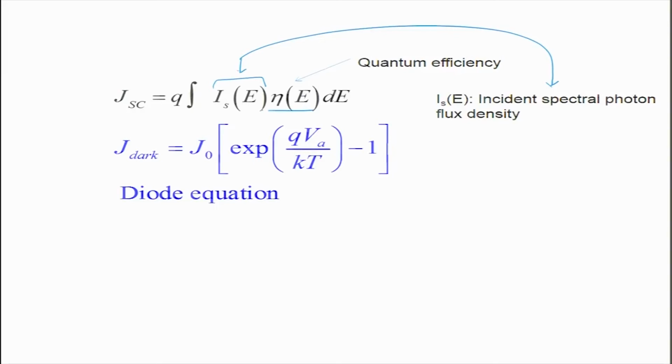Quantum efficiency will come from your current expressions. If your quantum efficiency is 1, then all the photons that you are able to capture will be converted to current. However, quantum efficiency is not equal to 1 in most cases; it is always lower than 1 because of losses inside the semiconductor.